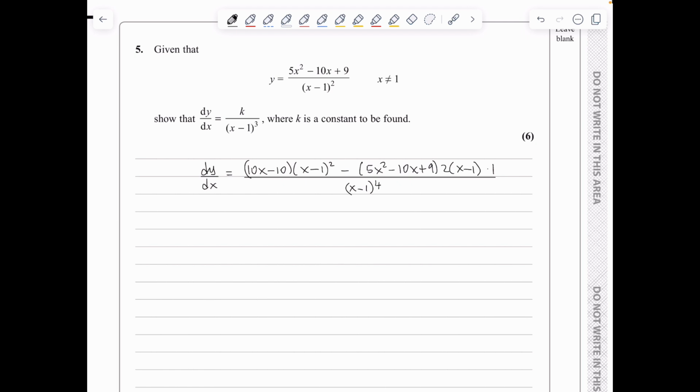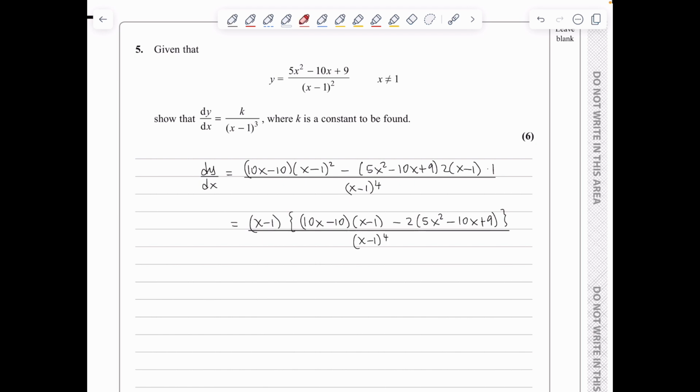Well, we can see that x minus 1 is a common factor in the numerator, and we are left with (10x minus 10) times (x minus 1) minus 2 times (5x squared minus 10x plus 9) over the denominator of (x minus 1) raised to the power of 4.